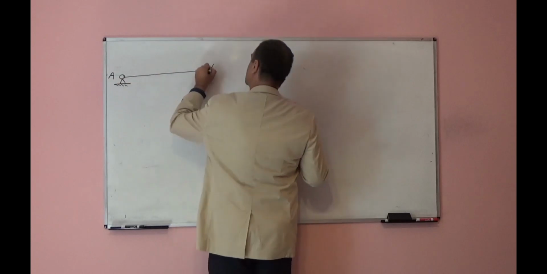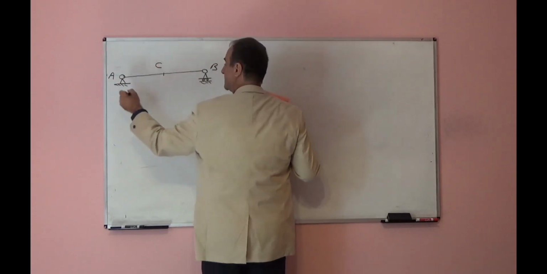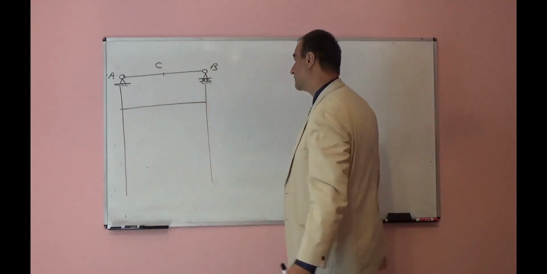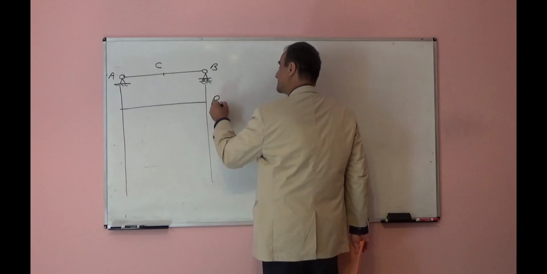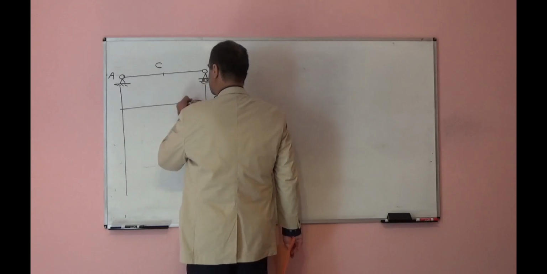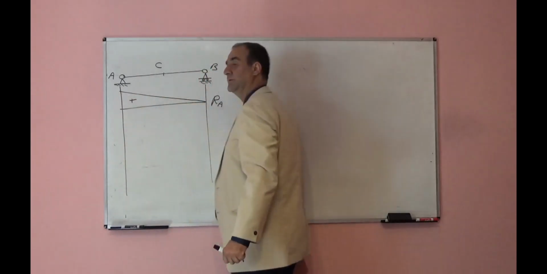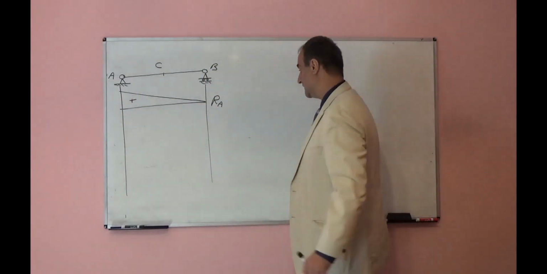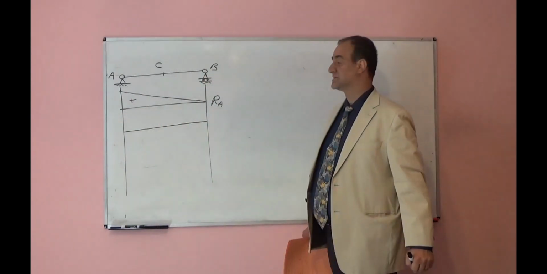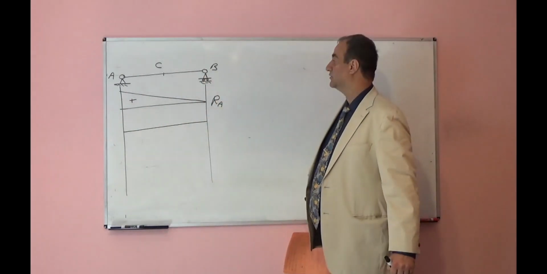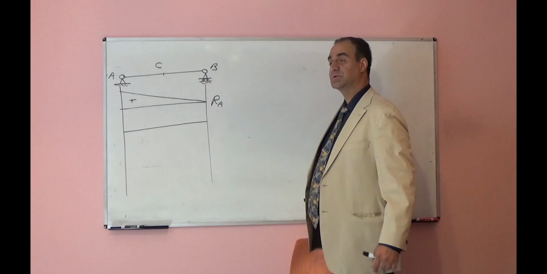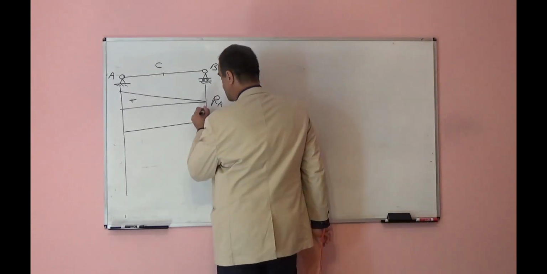A, B, C. First, reaction at point A. Remove reaction at point A, move in the positive direction of the reaction and draw the deformed shape of structure. Reaction at point B. Remove support at point B, apply unit displacement at point B and in the positive direction of the reaction and draw the deformed shape of the structure.